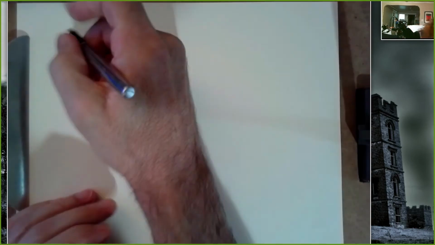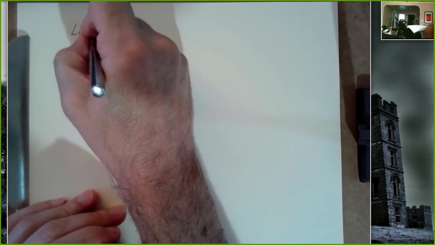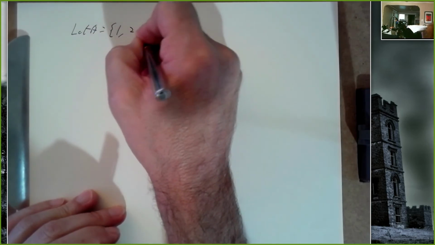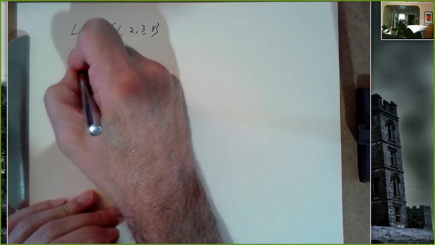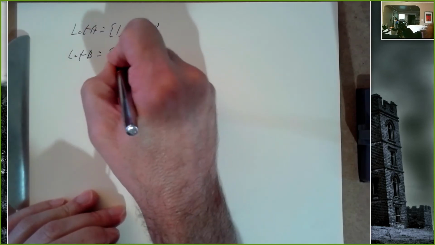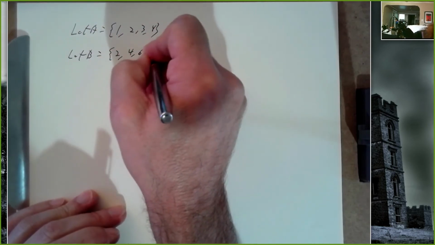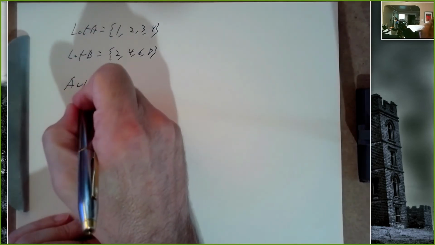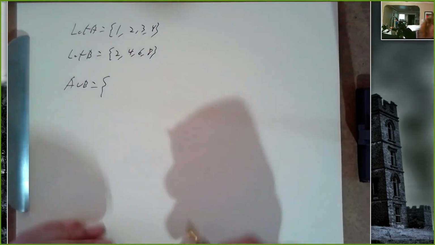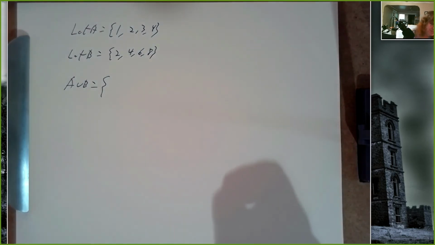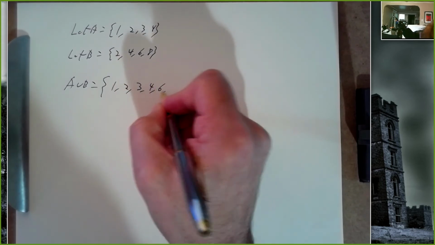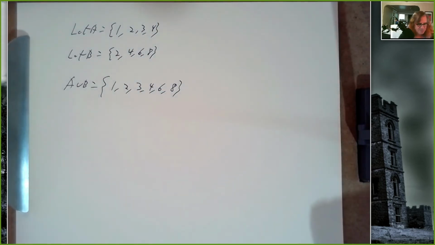So let A be the set 1, 2, 3, 4. Let B be the set 2, 4, 6, 8. So A union B is the set of all things that are in A or in B. So that would be 1, 2, 3, 4, 6, and 8.